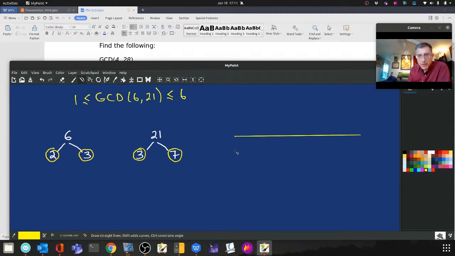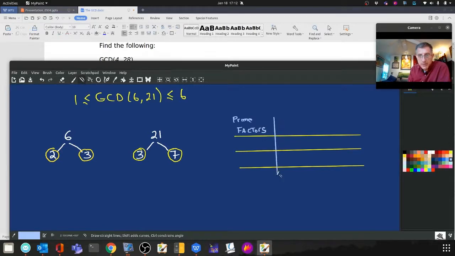So now I make a table. My table is going to have 3 columns. The first column is for all of my different prime factors. However many different prime factors there are is how many rows you have to make.